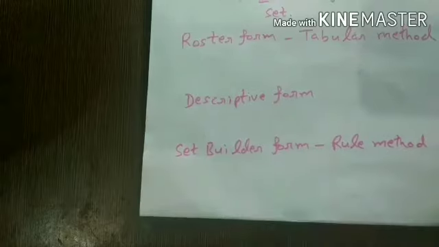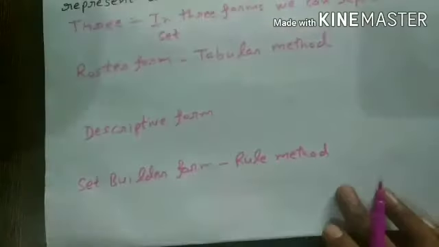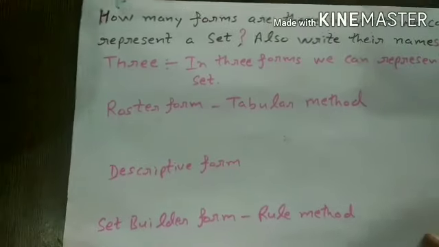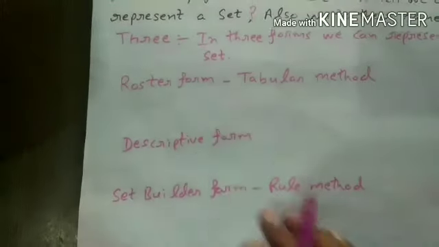So this was my answer. So students, now you know how many forms of the set there are: 3, and these are the names of these 3 forms.